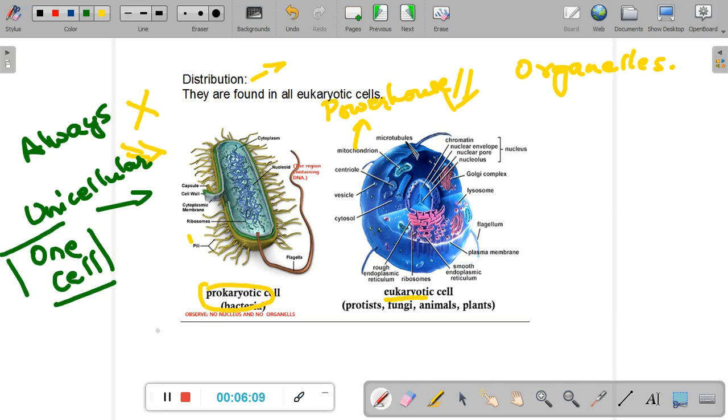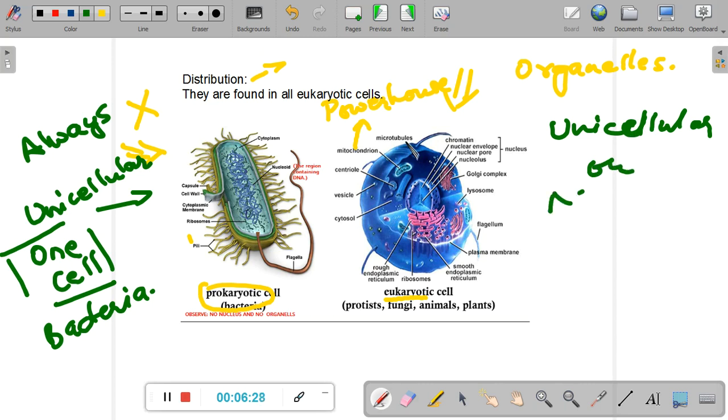And the only prokaryotes known to us are bacteria. Eukaryotes, on the other hand, can be unicellular or can be multicellular.